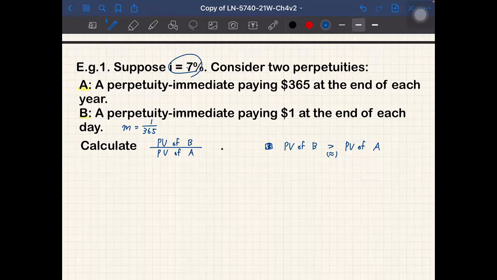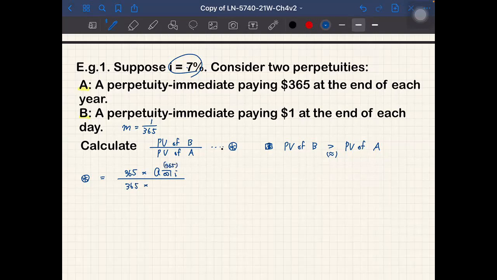Okay, so now we apply the formula to calculate this. The present value of B over the present value of A, let's call this asterisk. The numerator is the perpetuity B, so 365 times a angle infinity at i superscript 365.